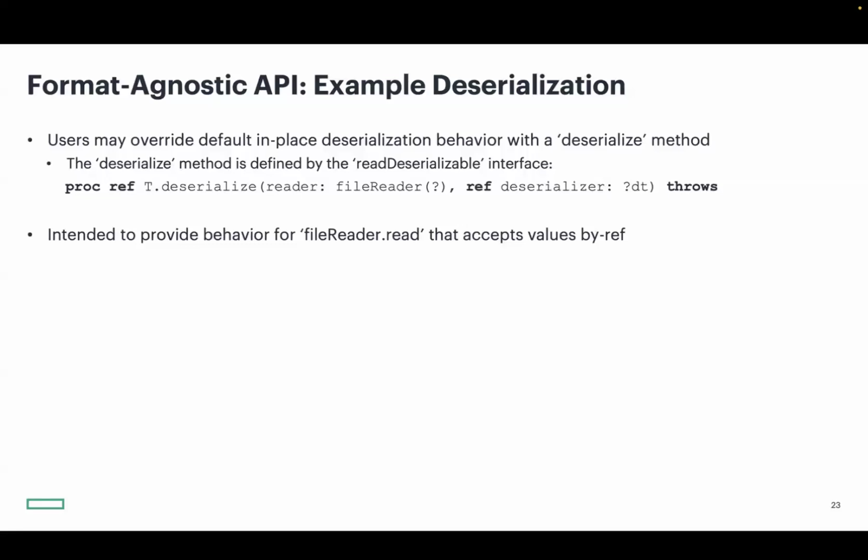I should also note here that the deserialize method has a ref this-intent, and that is the ref keyword between proc and T there on the slide. And that indicates to the compiler that this method will mutate the type. And again, this intends to provide the behavior for the version of fileReader.read that accepts values by ref.